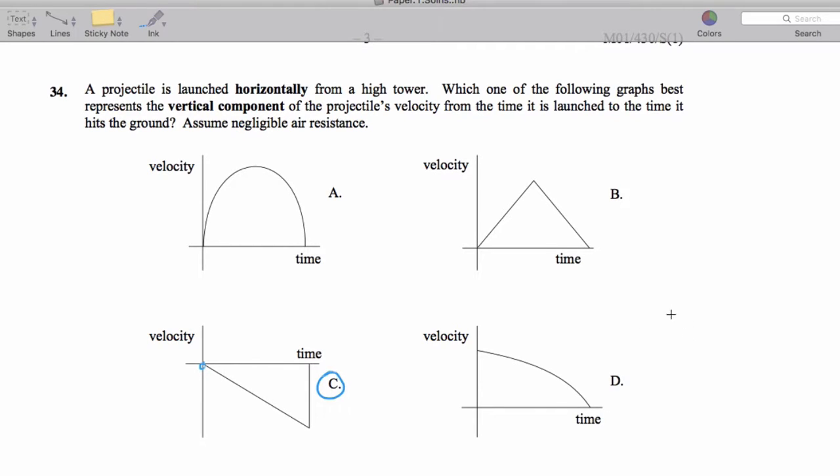Now, if we asked you for, so this is the vertical, right? If we asked you for the horizontal velocity versus time, okay, that would actually be a flat line like this that never changes, just to be clear, for horizontal.